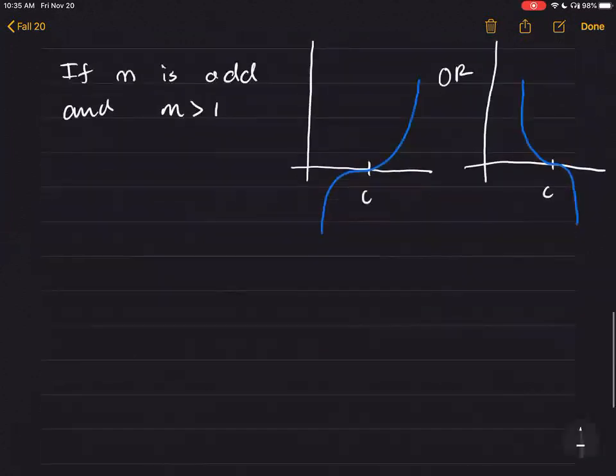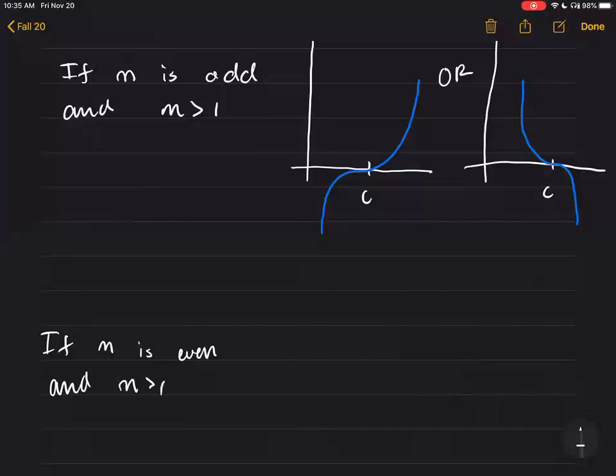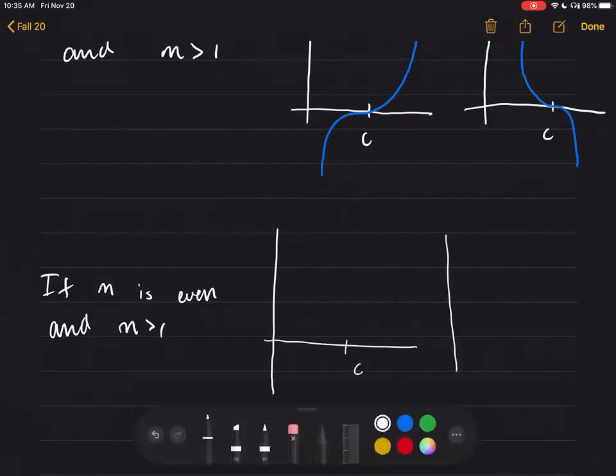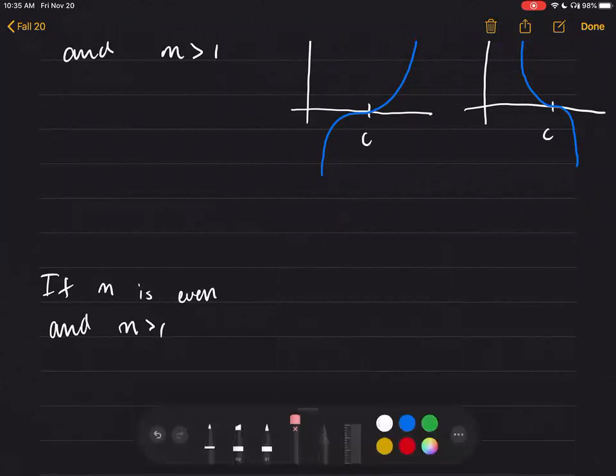And if m is even and m is greater than 1, then our graphs look more like this. Wow, these are some really bad graphs. Let me try again.